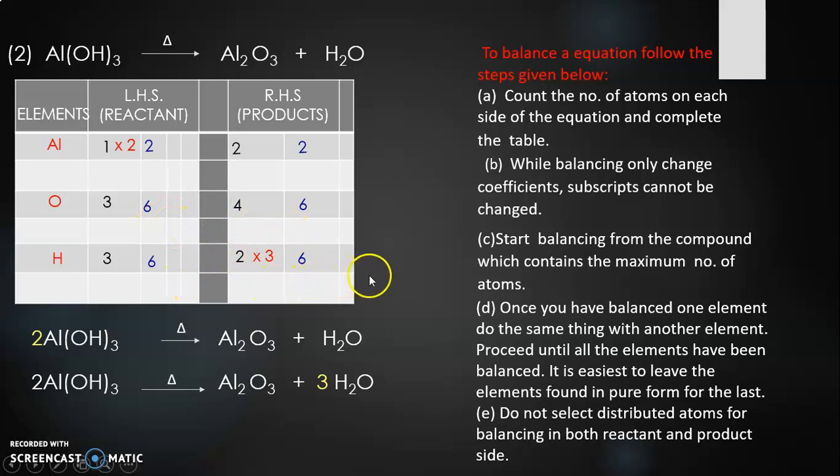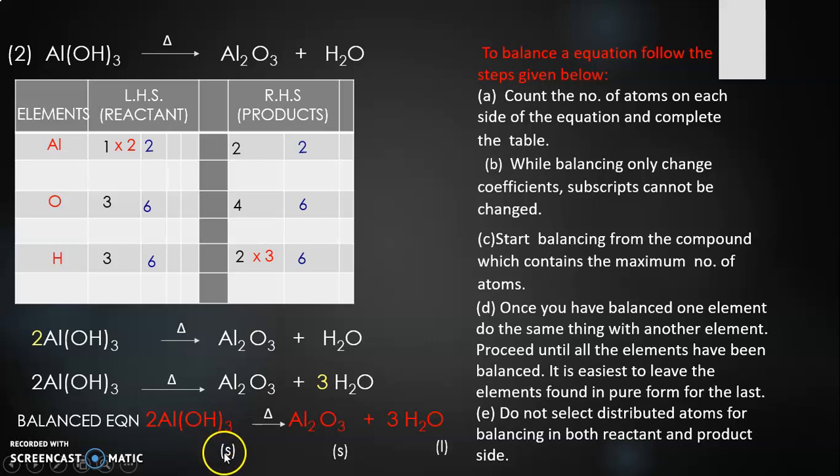So the equation is balanced and we mention it with the physical states. So 2Al(OH)3 solid state on heating giving you Al2O3 again solid state plus 3H2O, which is water in liquid state. Hope you are clear, students. Now we go to the next one.